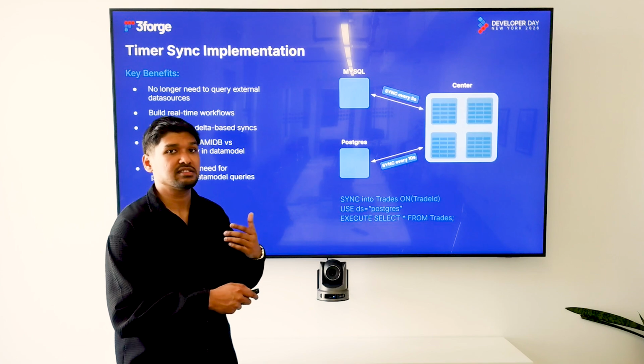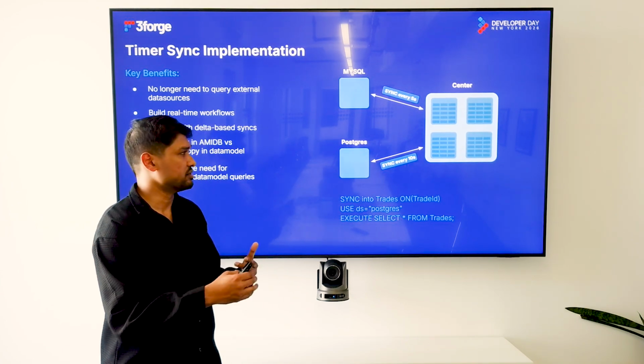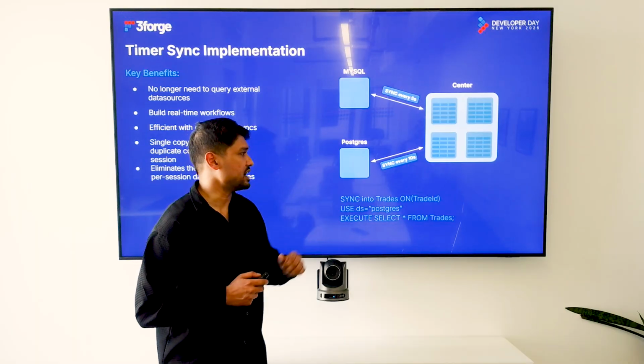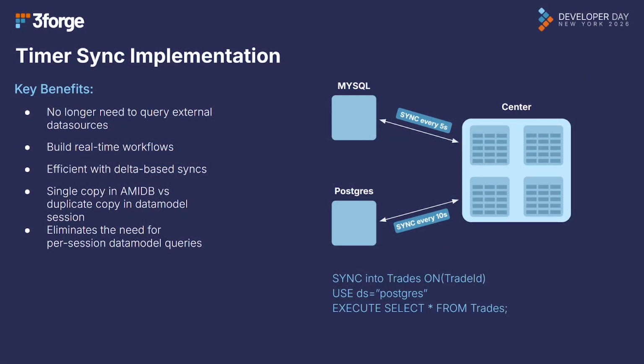It doesn't need to replace the whole data on every refresh. It can be smart enough to find out the delta and just apply that. So sync into trades on trade ID, and we're saying use ds equal Postgres and execute select star from trades. So select star from trades from Postgres and then sync it into our database.